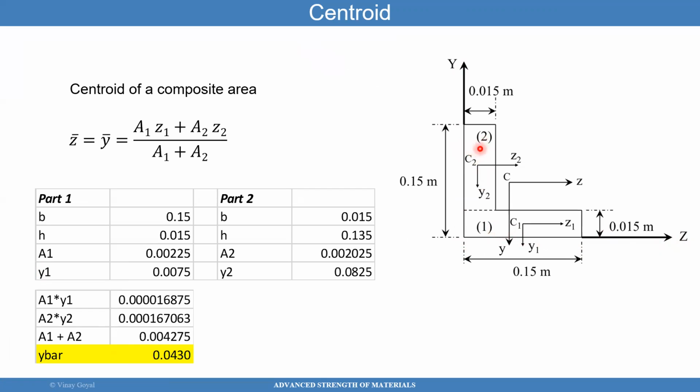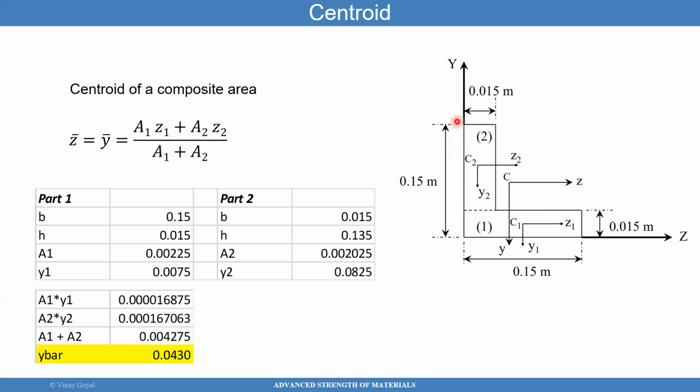I'm going to calculate the location of the centroid using this formula. This applies if you have more areas, then you keep adding them, A sub i times z sub i, and then divide by the total area of the whole thing. The easiest thing for us to calculate here is A1 plus A2. That's a very simple calculation.